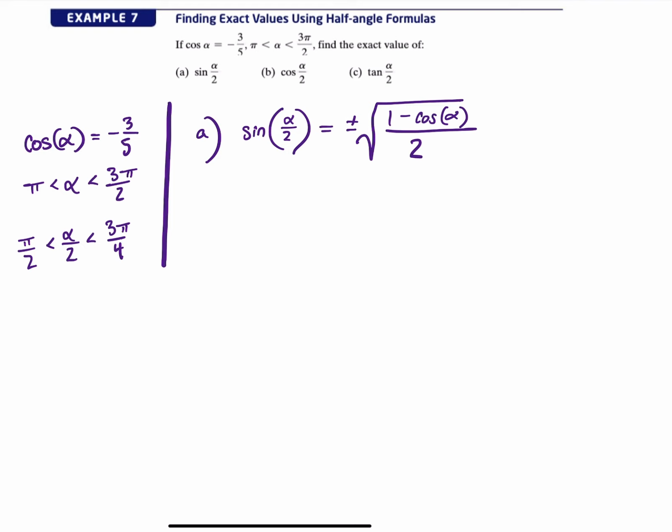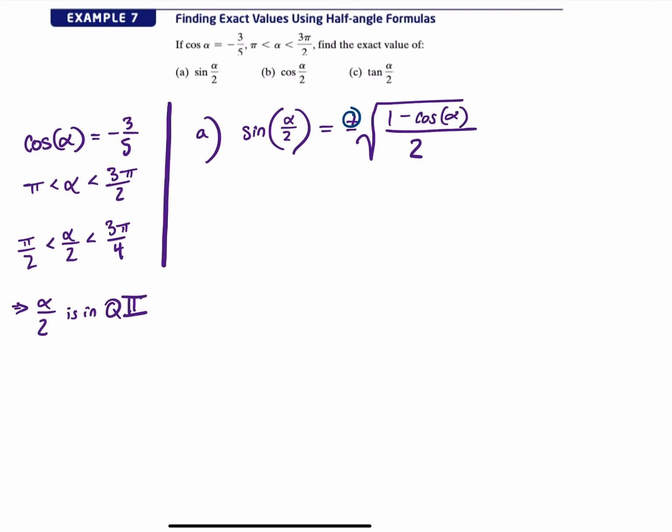So that tells us that this half angle, alpha over 2, is in quadrant 2. So the sine in quadrant 2 should be positive. So let's take the positive version of this square root.